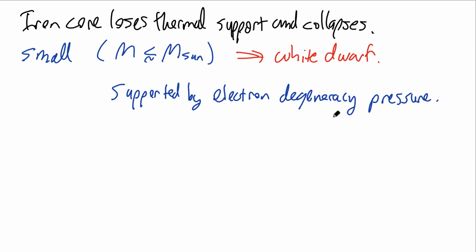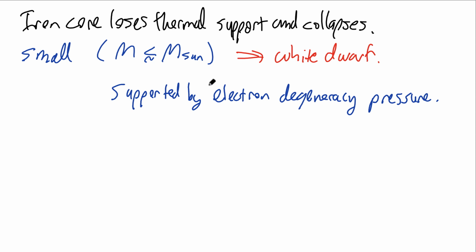Electron degeneracy pressure is a result of the Pauli exclusion principle, which tells us that electrons can't occupy the same state. And this effectively limits the physical space occupied by the material in the star and provides the pressure to support the star from further collapse.